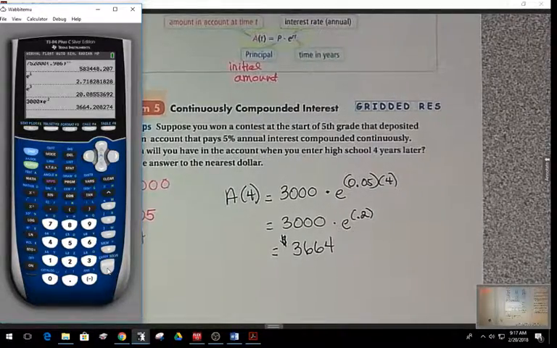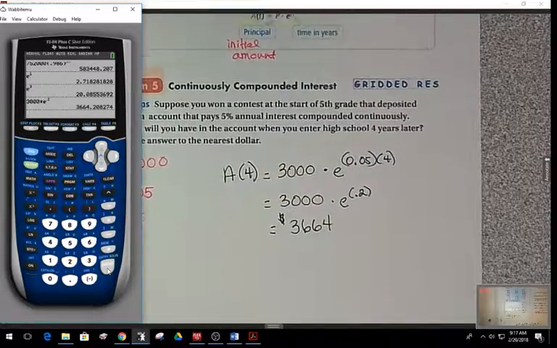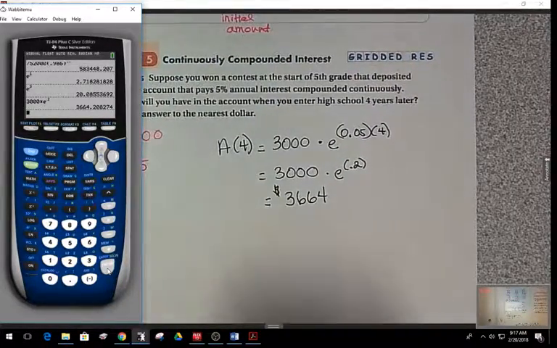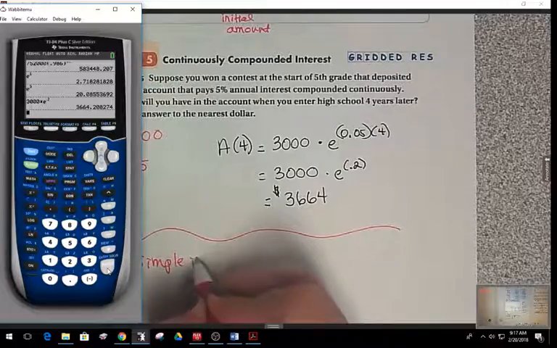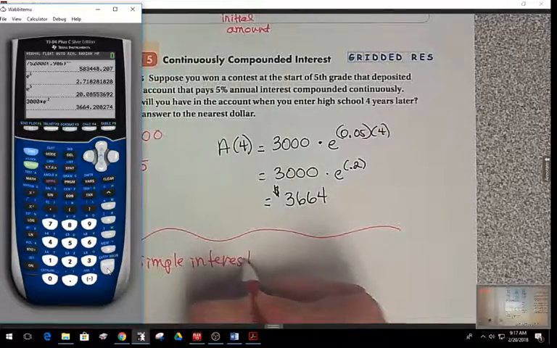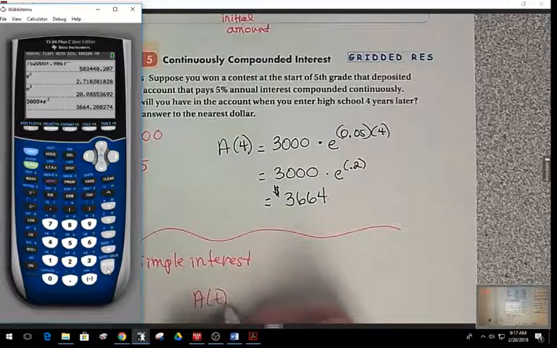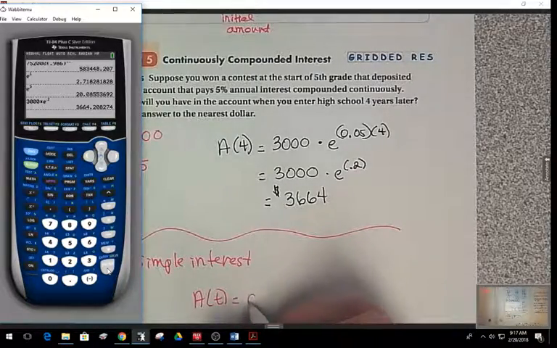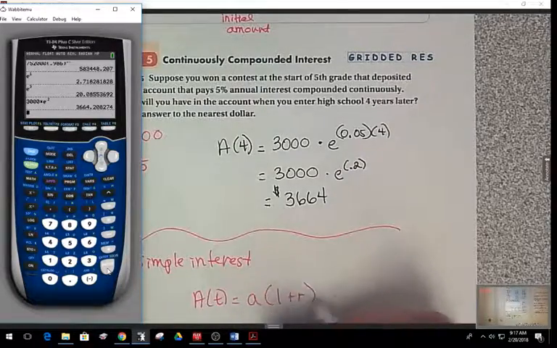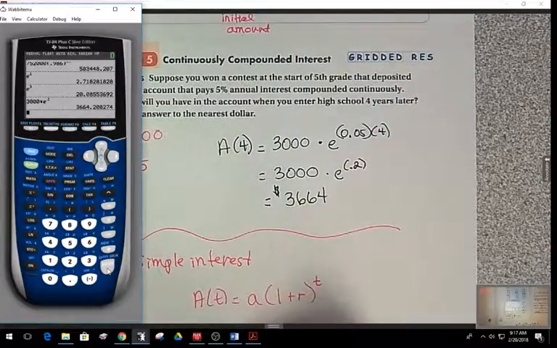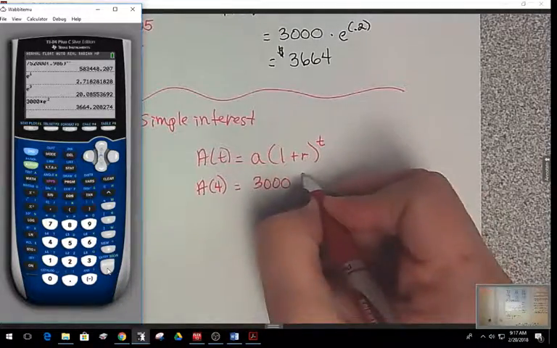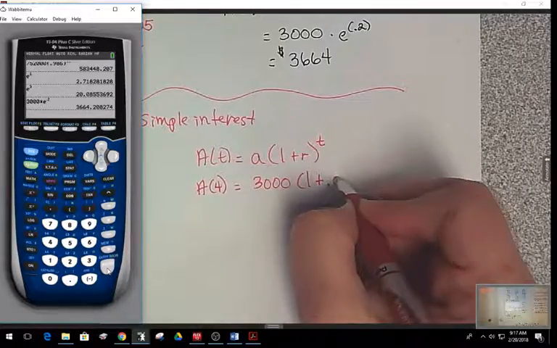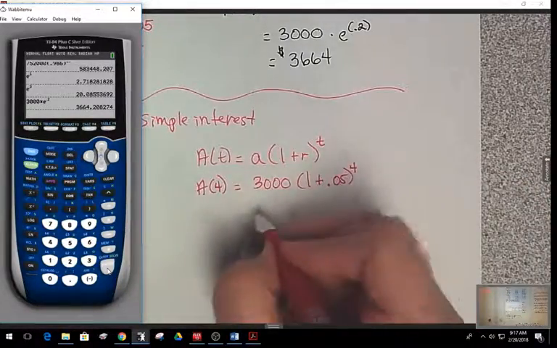So now what I want to do here real quick, and your book doesn't ask you to do this, but I would like to compare this to the simple interest formula we used last week. Where I had A of T equals A times 1 plus r to the t. Okay, so the amount after 4 years using this method will be 3,000 times 1 plus 0.05 to the fourth power.